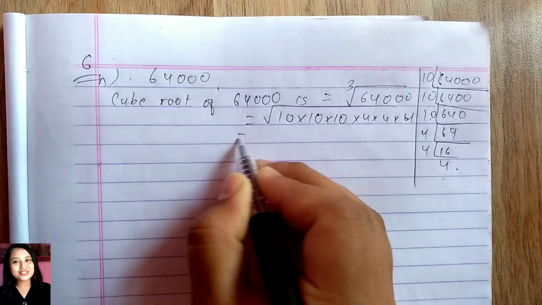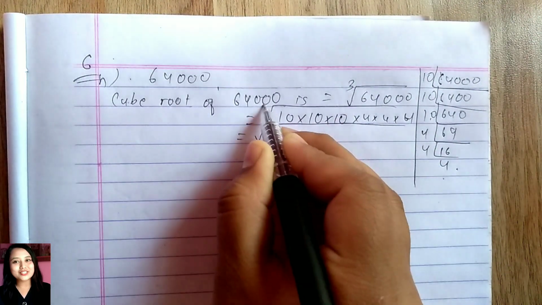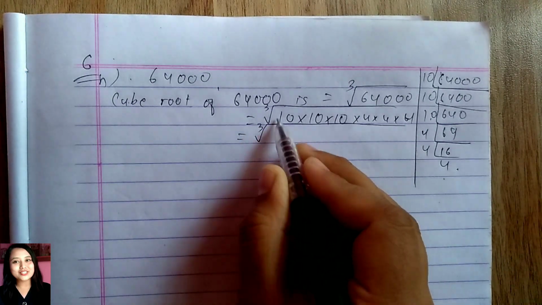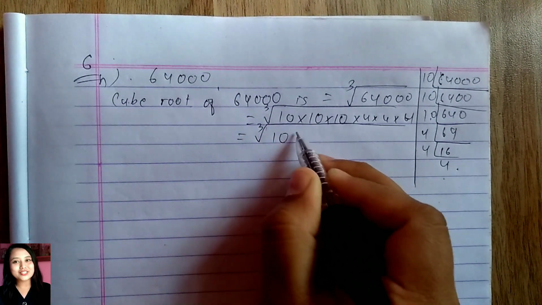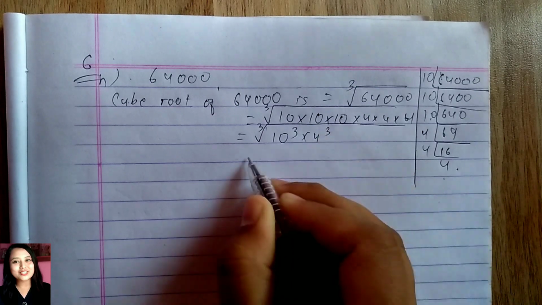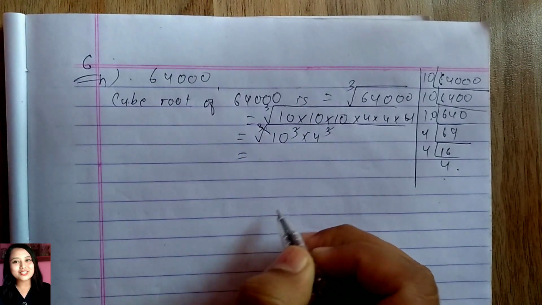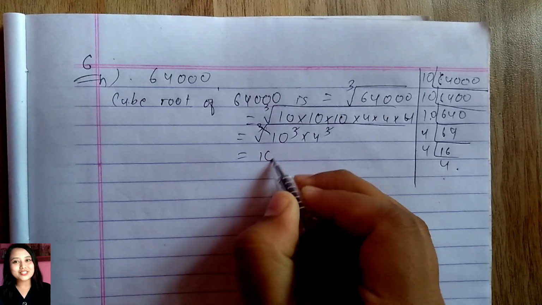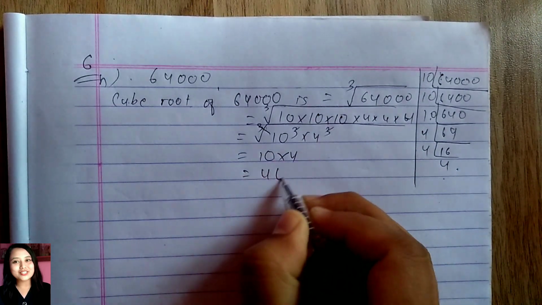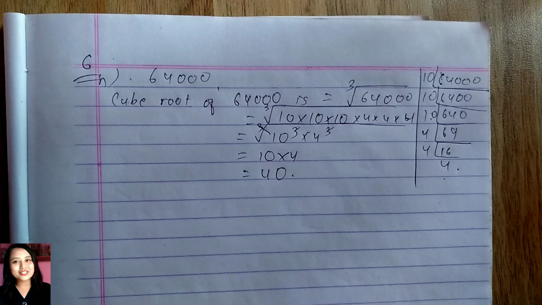Sorry, I forgot to write cube here. You have to write cube all the time, okay? 10 cube into 4 cube. Now this cube and the cube root will be discarded. Now 10 into 4 equals 40. So the cube root of 64,000 is only 40.